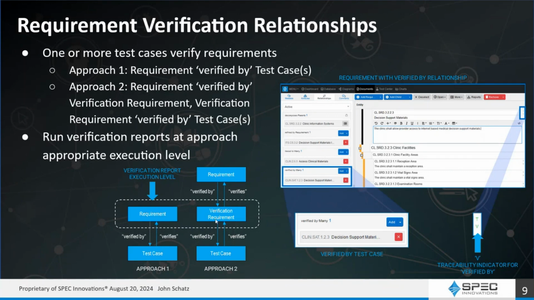So the verification requirements will be in a separate document from the requirements in approach 2. If you put them on the requirements and you're using approach 2, you're going to need to replicate them here on the verification requirements. I recommend just doing them one time. That way you don't have to worry about trying to maintain synchronization between them.